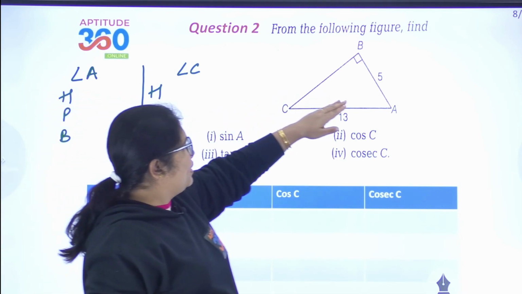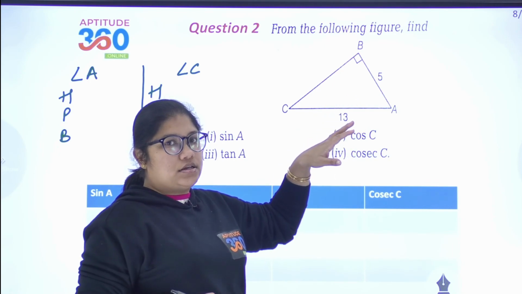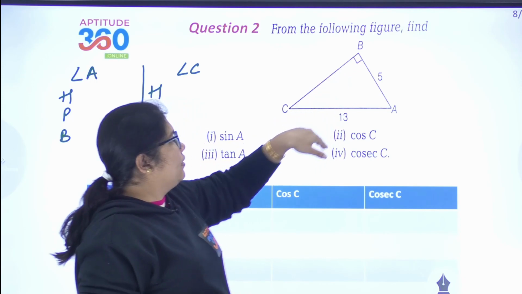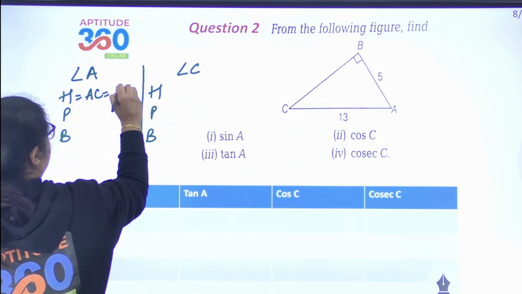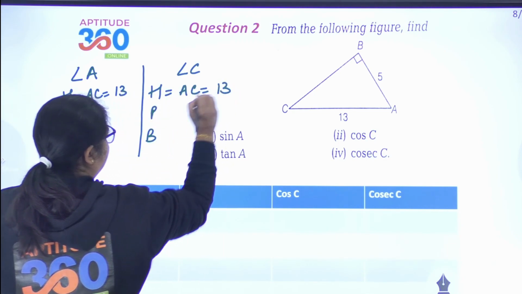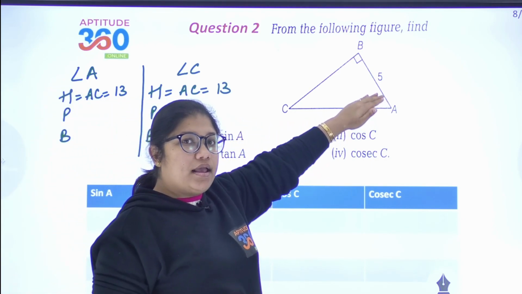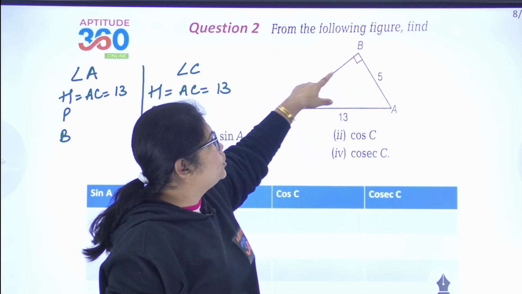And according to angle A, my H will remain the same in both cases, which is the side opposite to your 90 degree, which is AC, and which is 13. When I keep angle A as my angle of reference, the side opposite to angle A is your BC.